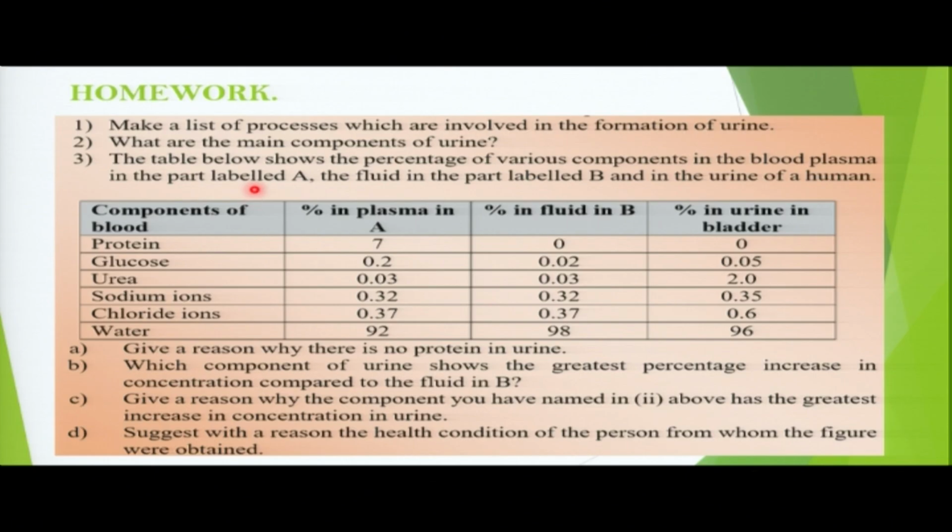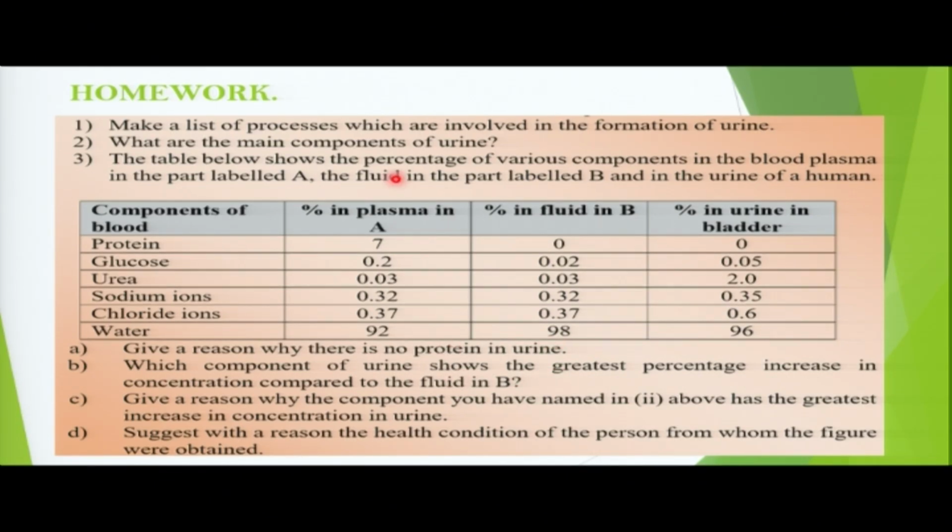And then we have this table of all components of the blood, proteins, and percentages. You will be able to give a reason why there is no protein in the urine. Why don't we have protein in the urine? That's one we have also talked about. Which component of urine shows the greatest percentage increase in concentration compared to the fluid in B?